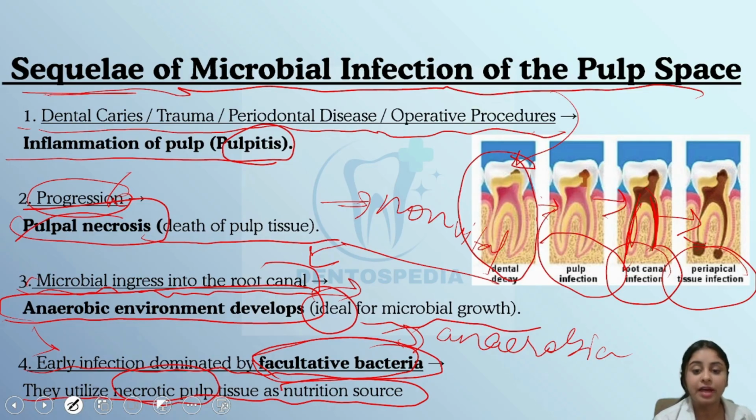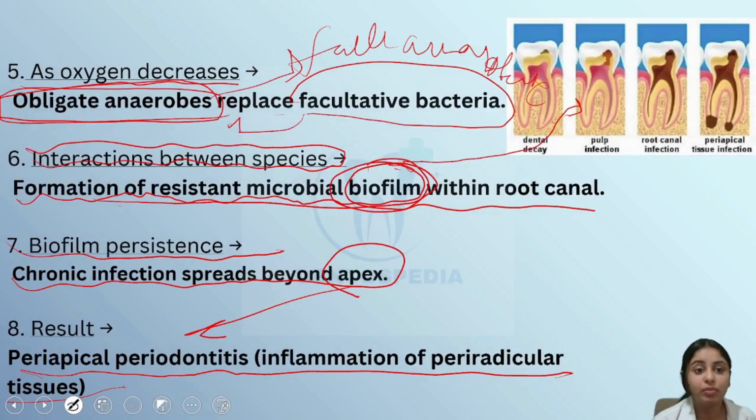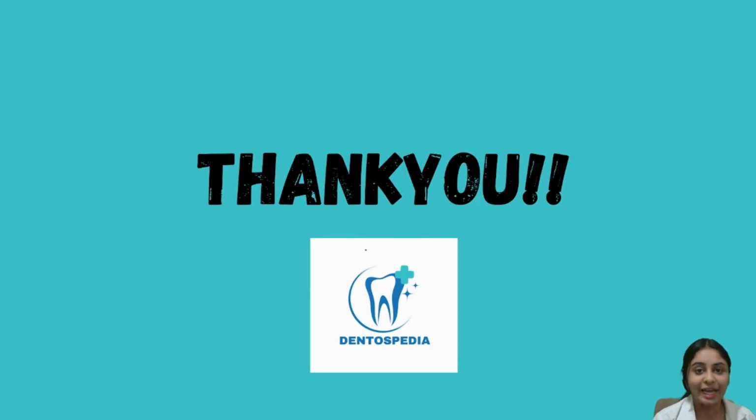Firstly facultative bacteria occur, and later they are replaced by obligate anaerobes, and due to the interaction between all these species, a biofilm is produced, and this persistent biofilm causes infection beyond the apex, resulting in periapical periodontitis.